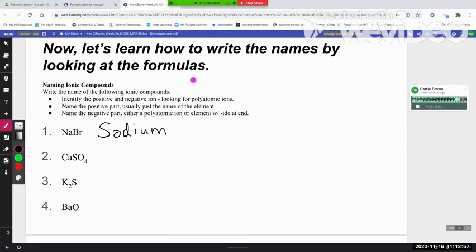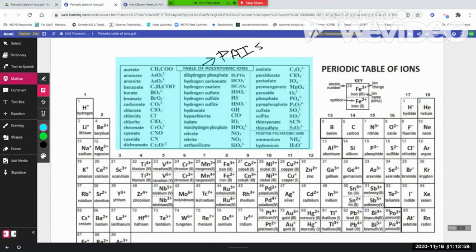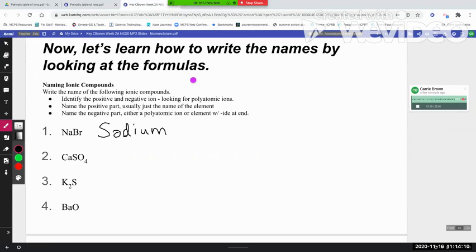And then Br, because it's the second element, must be on the right. And you'll notice that it's atomic number 35, and it tells you on the periodic table of ions that Br is called bromide as an anion. You do not have to worry about the charges or balancing them, okay? You just write the names of the symbols.